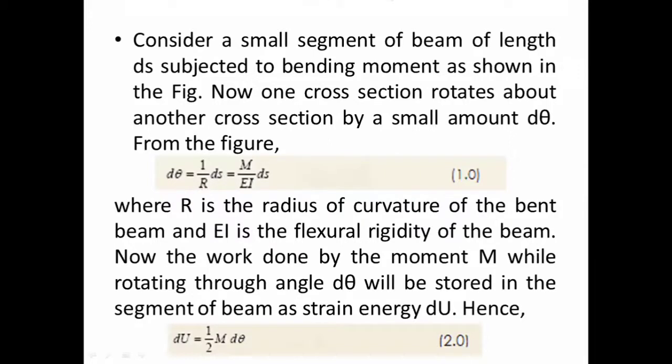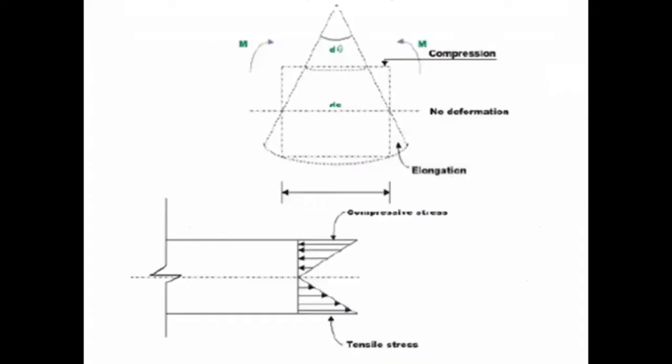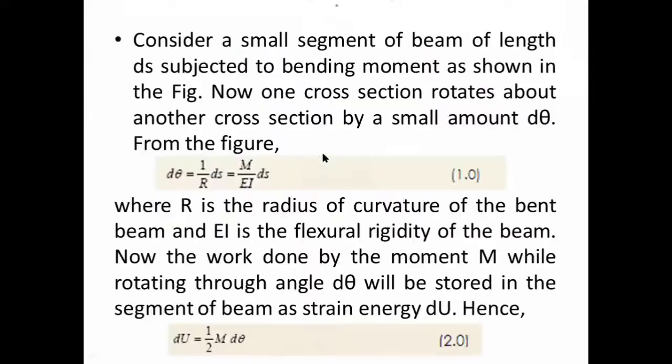Radius is capital R, the radius of curvature, and d theta by ds, where d theta is the angle and ds is the arc length. Where is that? It is here. This is the arc length. This equation we have equated to the flexural formula.